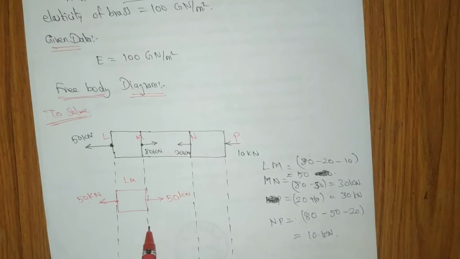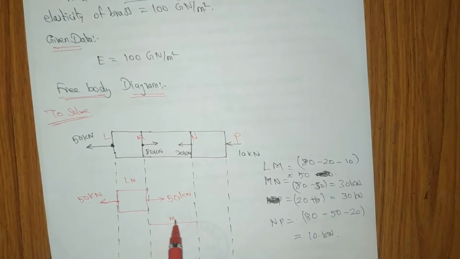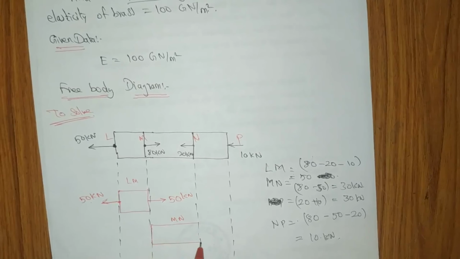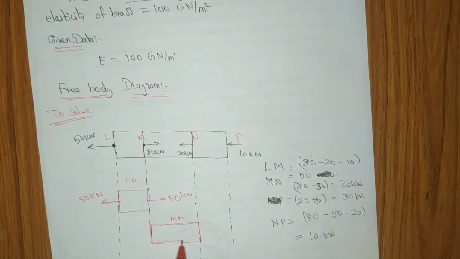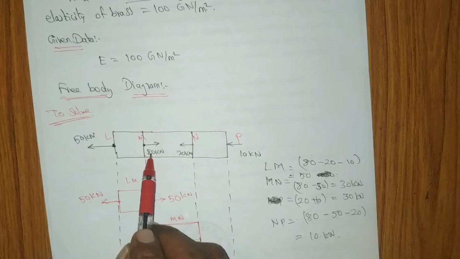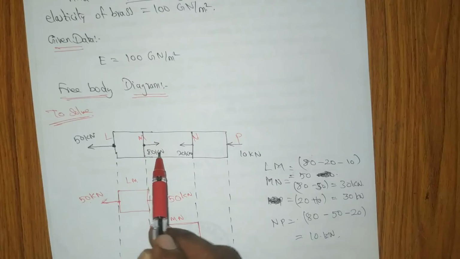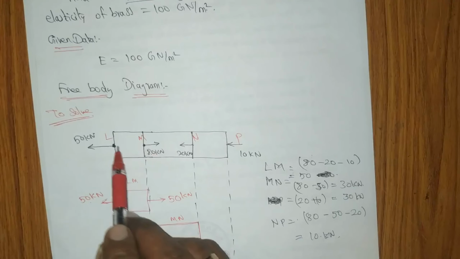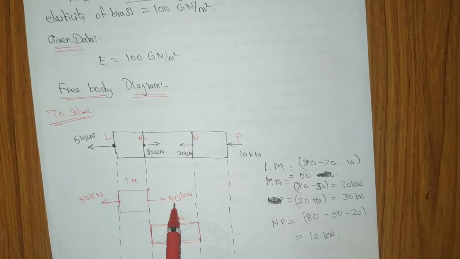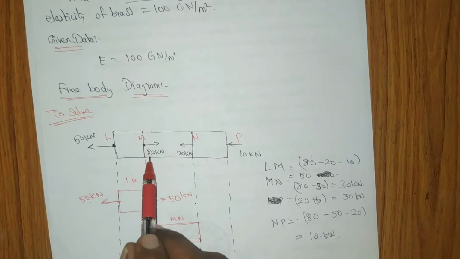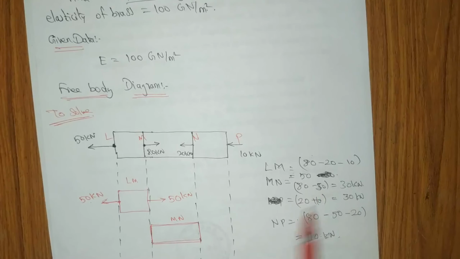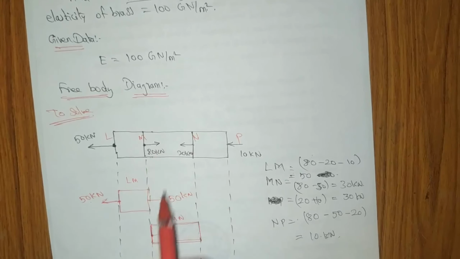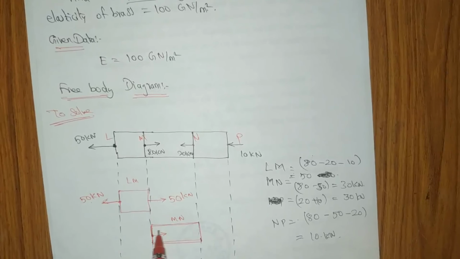Now going to the MN bar. Here 80 kilonewton is already acting, and LM has already taken 50 kilonewton, so the remaining will be 80 minus 50, which is 30 kilonewton. For equilibrium, this bar should be in compression of 30 kilonewton.